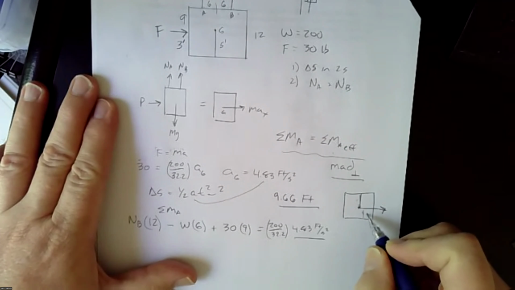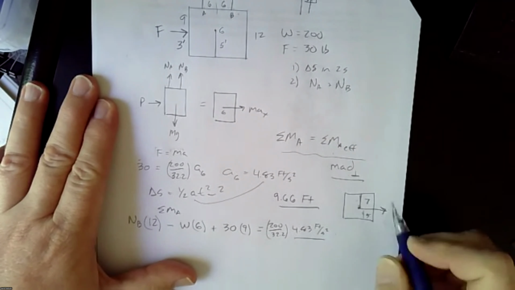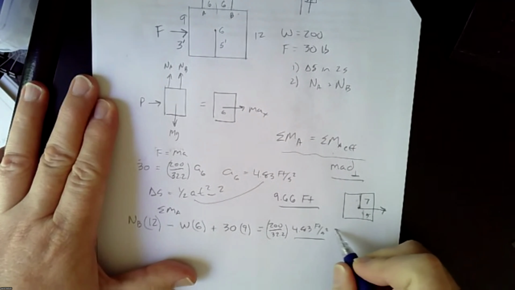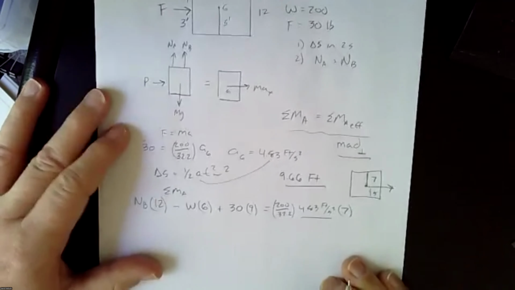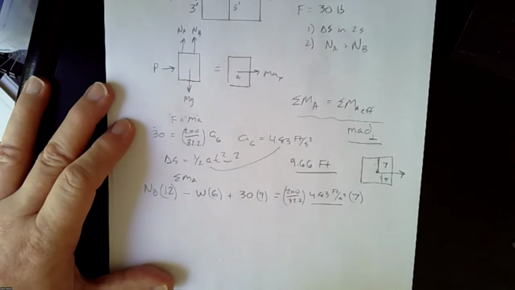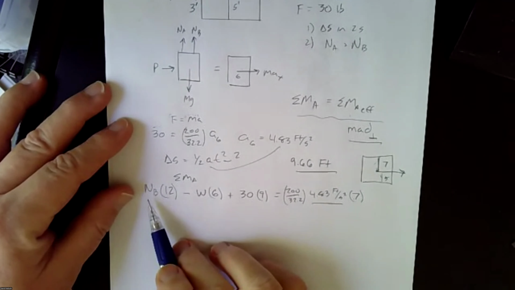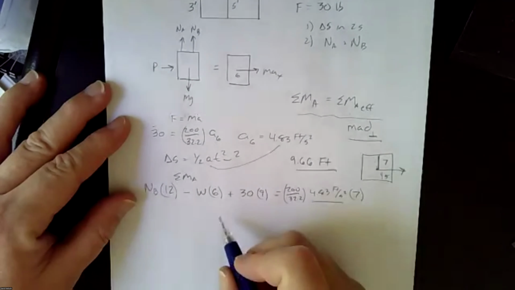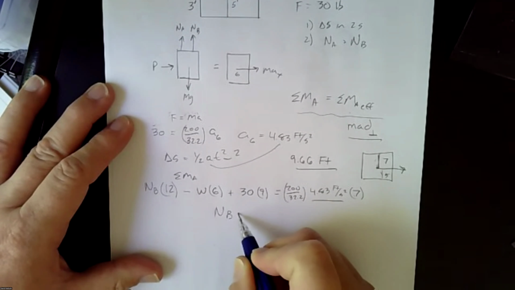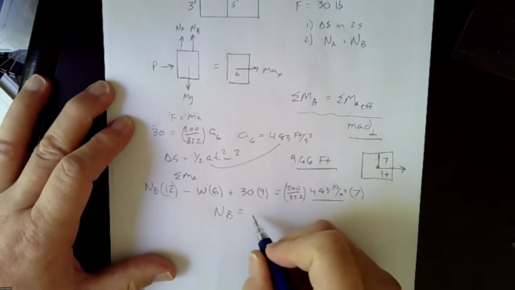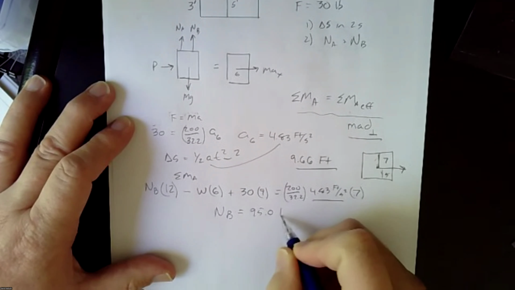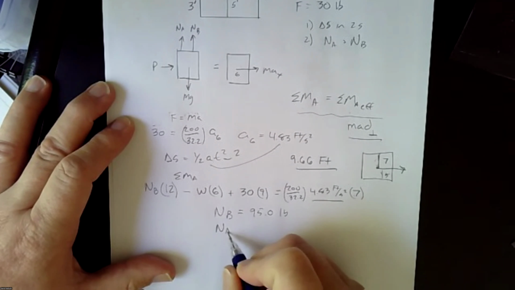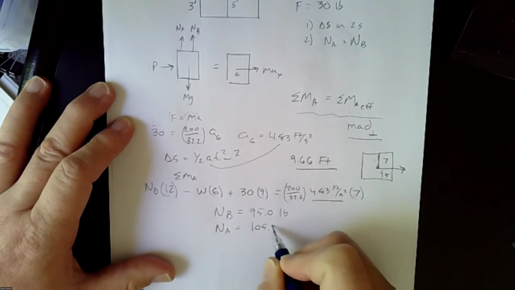Because this is told 5 feet off the ground, so that's 7. So it's 7 feet. Okay. So now we just plug in the numbers. We're looking for NB. We know the weight. We know 30, so we can solve. And we get normal force B equal to 95.0 pounds. So therefore, normal force A has to be 105.0 pounds.